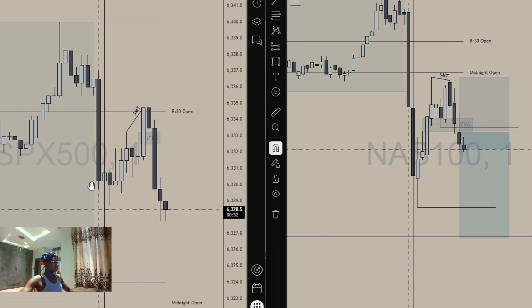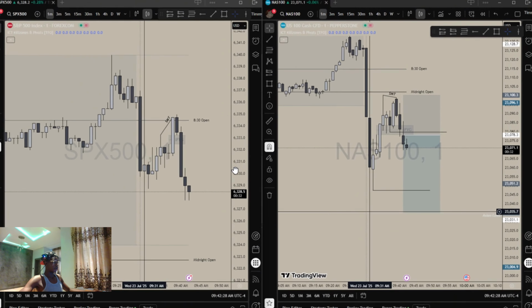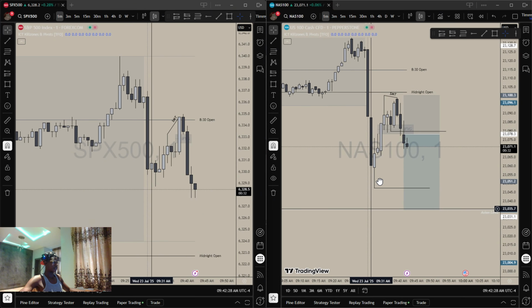As you can see, price has already taken out the swing low, or the sell side, on the S&P 500. But if we look at the NASDAQ, we haven't even taken out highs. Mind you, at this point I had already taken a trade on my broker. I had taken the sell trade with my first take profit at this swing low and my second take profit at Asian lows, and stop loss at the swing high right there.